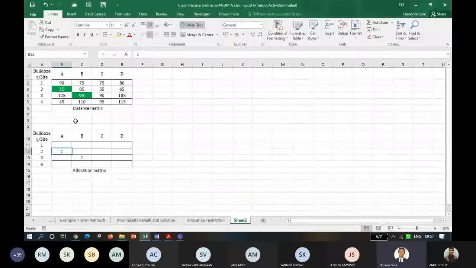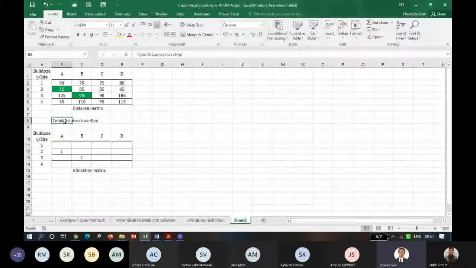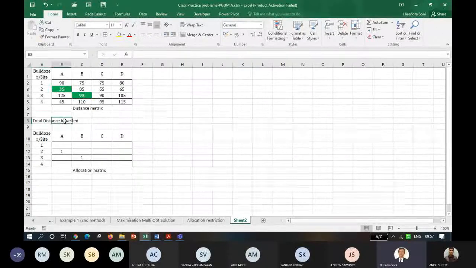So what I will do is write it as total distance traveled. Now what will our objective be? Total distance traveled should be minimized, correct?